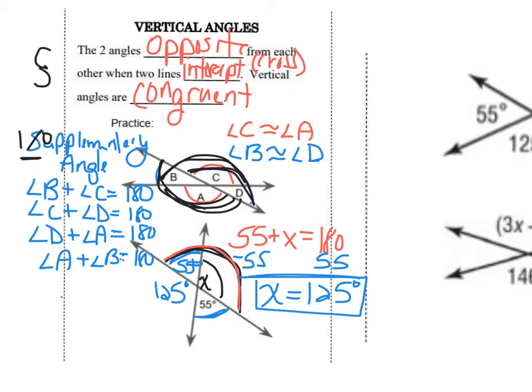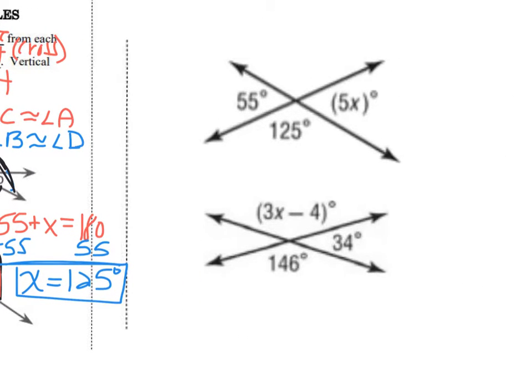Okay, so let's go ahead and look at the other examples. So here we have 55 degrees, 125, which was given to you for the other one, and then 5x. Well, I know that 5x has to equal 55.